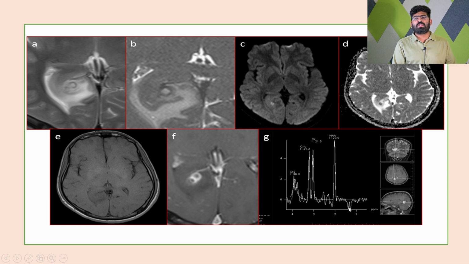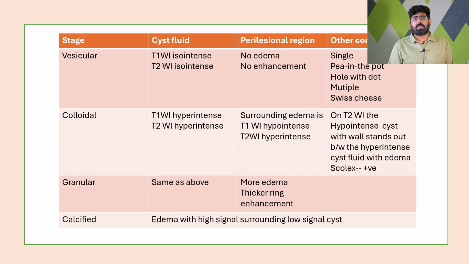When you give intermediate TE on MRS, you will see an inverted double lactate peak, along with amino acid peaks, which is most commonly seen in NCC, neurocysticercosis. So these are the ways you are able to differentiate, and it is helpful for clinical diagnosis.